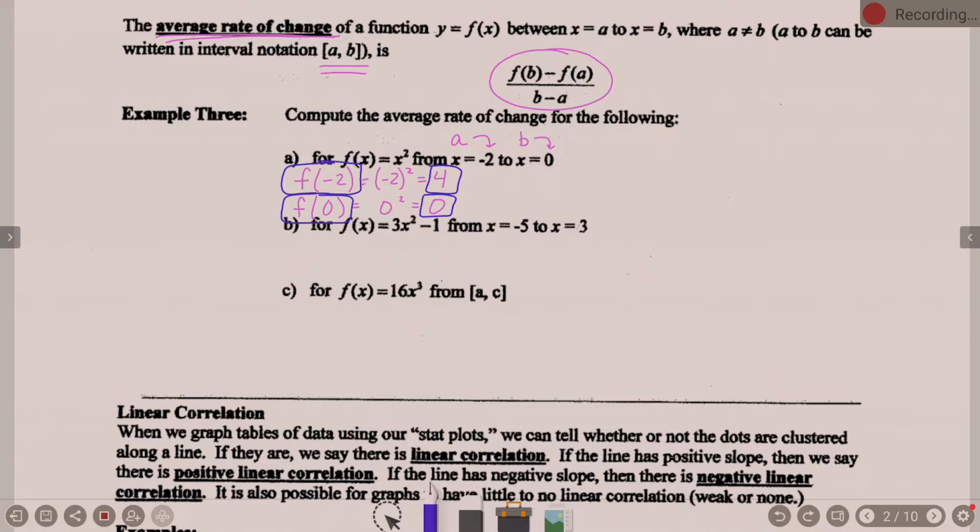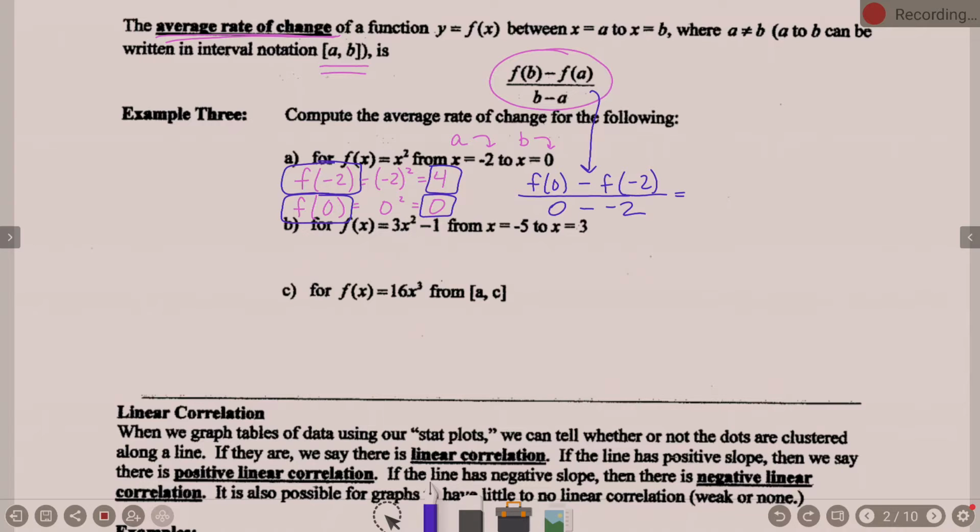So using our average rate of change formula, f of b minus f of a over b minus a, f of b is f of 0, minus f of a, so f of negative 2, over b minus a, which is 0 minus negative 2.